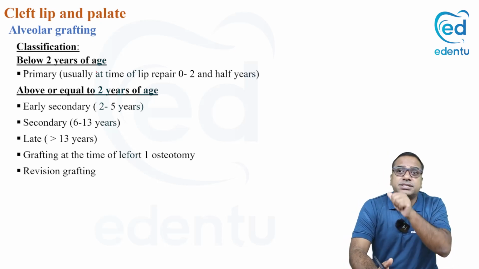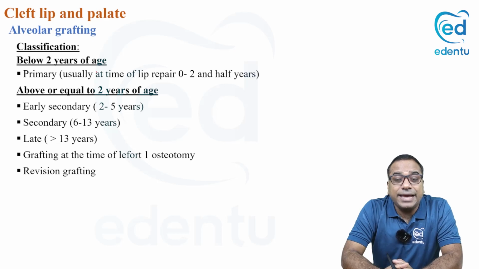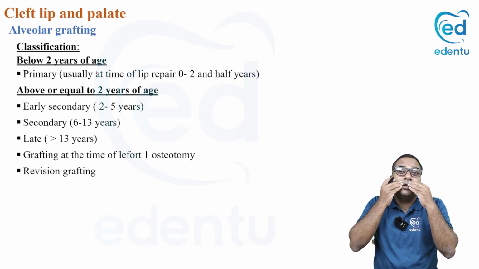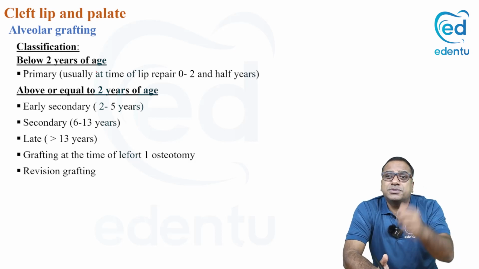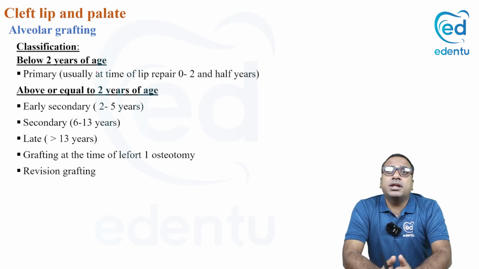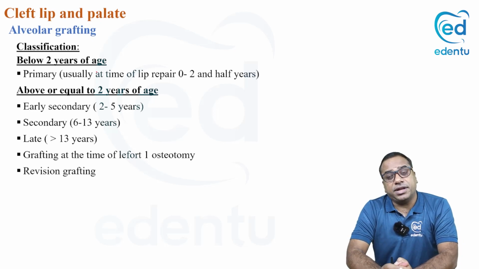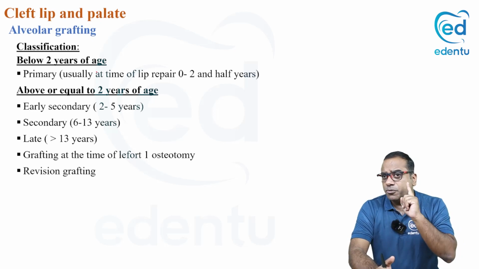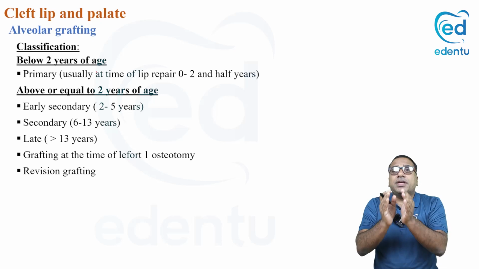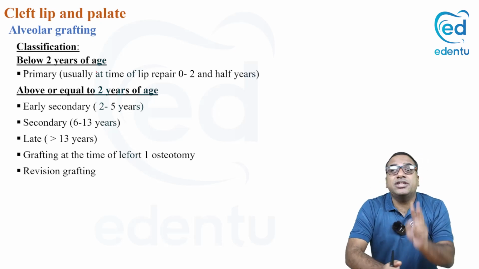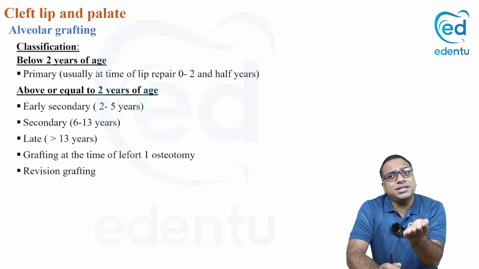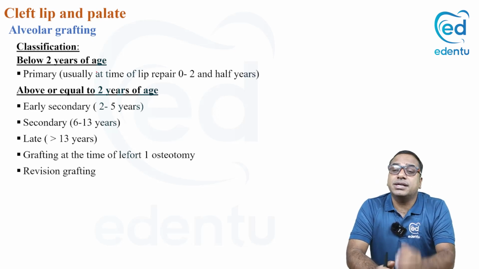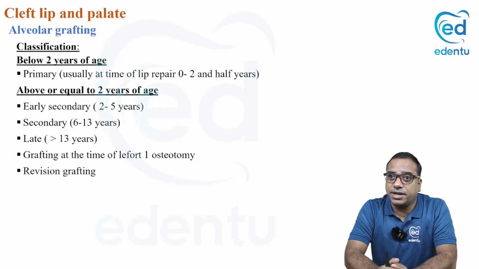The second question is this, what you are seeing, that is alveolar grafting. So the bone is deficient, you are putting grafting. Now two terms will come: primary alveolar grafting and secondary alveolar grafting. Please remember, any grafting which is done before the age of 2 years is called primary alveolar grafting, and any grafting which is done after the age of 2 years is called secondary alveolar grafting.